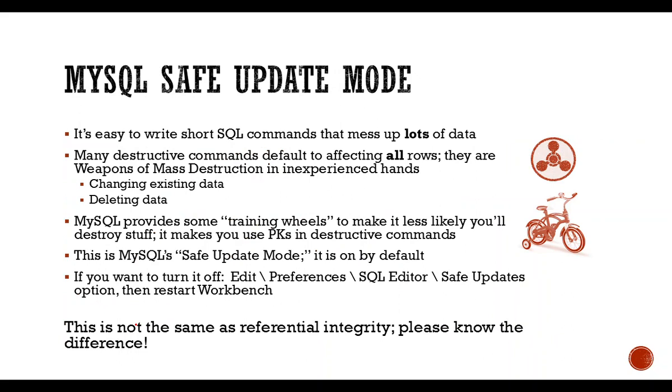So because MySQL realizes that there may be beginners at the helm, there are beginners who have the root password here, for any kinds of destructive commands, MySQL provides something that I would think of as training wheels to make it less likely that you use this sort of weapons of mass destruction in the commands that we're going to learn about today. Those training wheels are called safe update mode. Right?